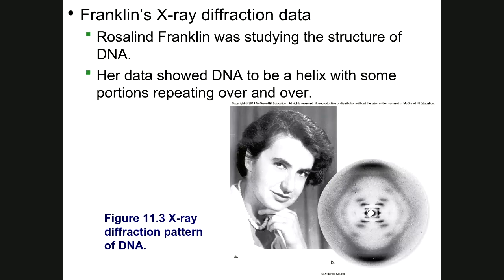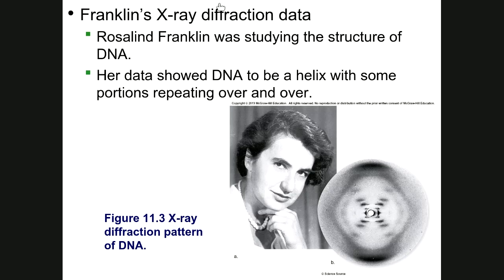Then another scientist, Rosalind Franklin. She was a scientist who was working in King's College of London, and she also studied the structure of DNA. Now, what was her discovery? Her discovery showed that DNA to be a helix. That means DNA is a helical structure.